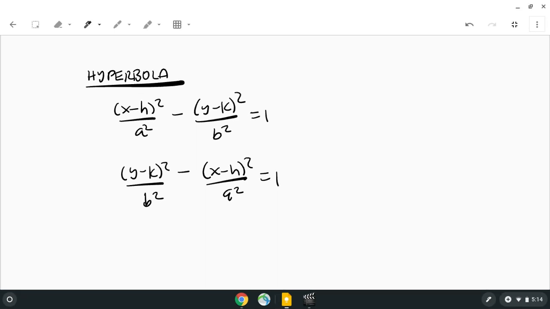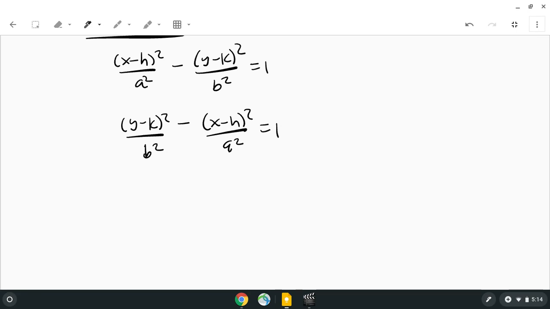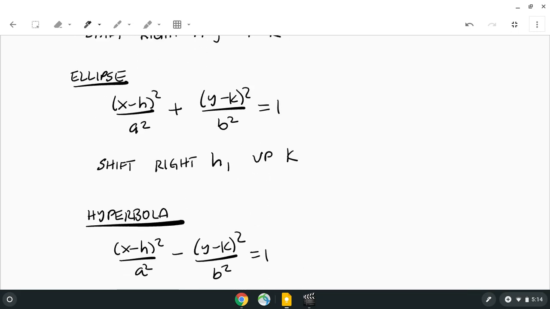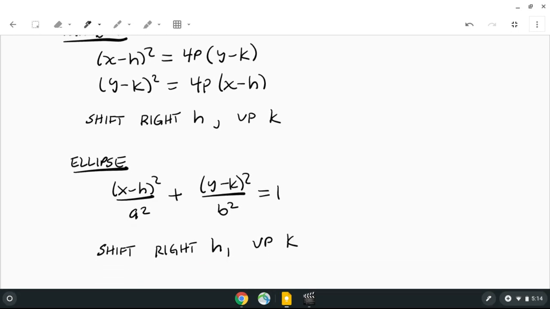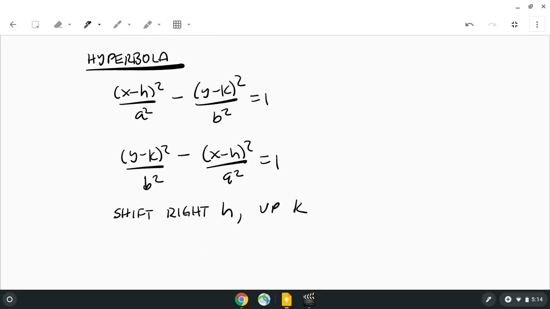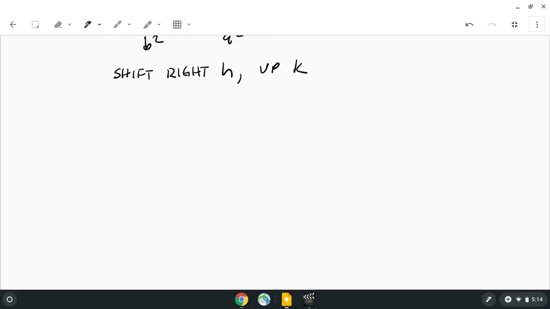Whichever one you have, it's still going to be a shift right h and up k. The horizontal shift is always with the x, the vertical shift is always with the y. That's for all of these. All right, so let's take a look.